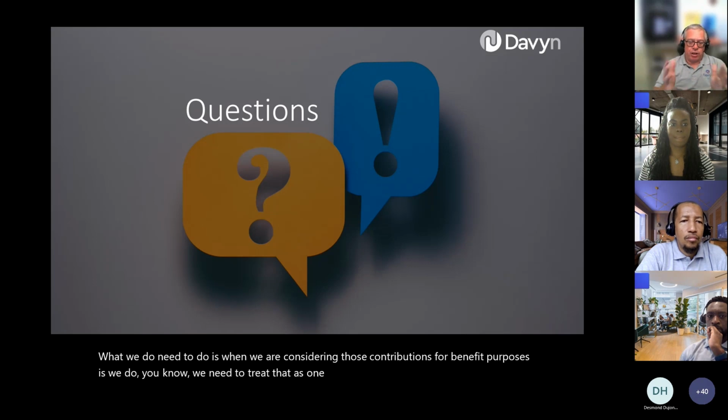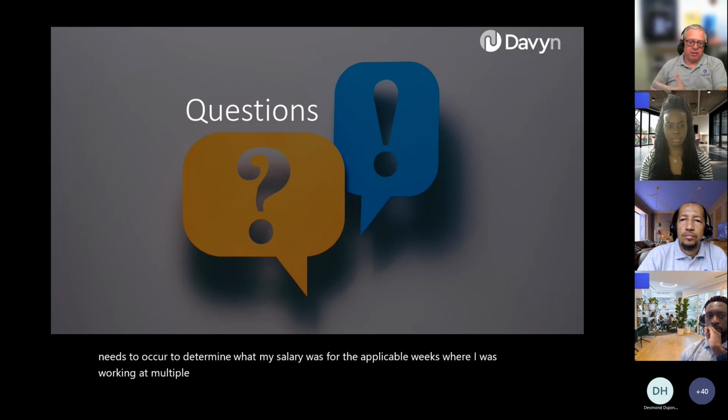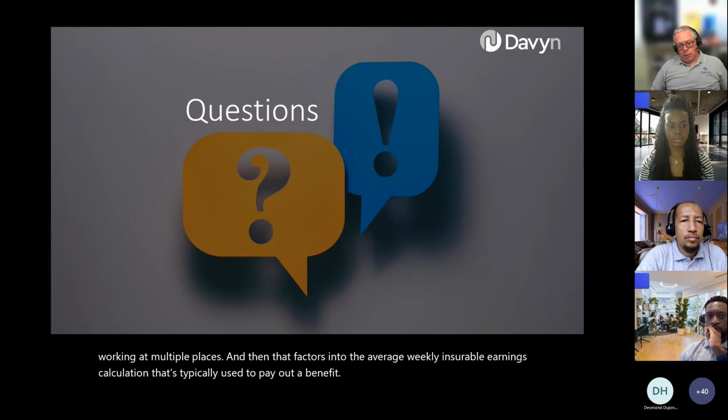There's an aggregation that needs to occur to determine what my salary was for the applicable weeks where I was working at multiple places, and then that factors into the average weekly insurable earnings calculation that's typically used to pay out a benefit.